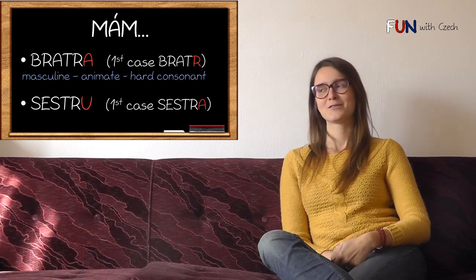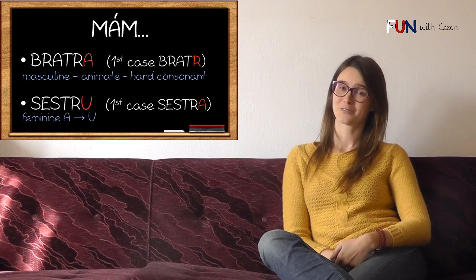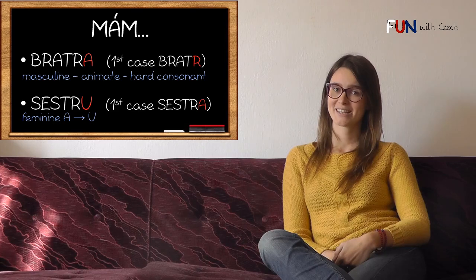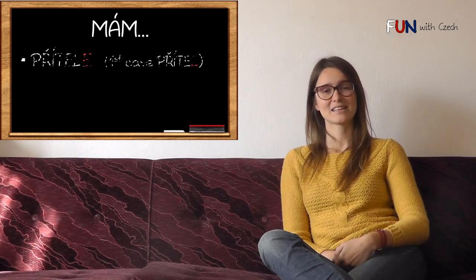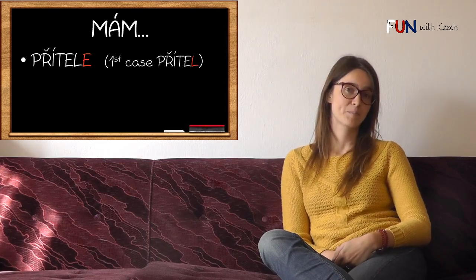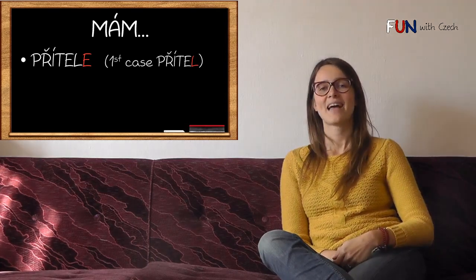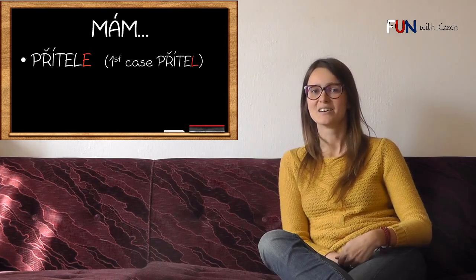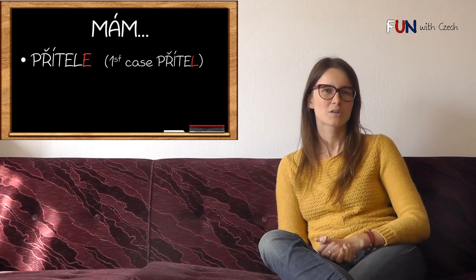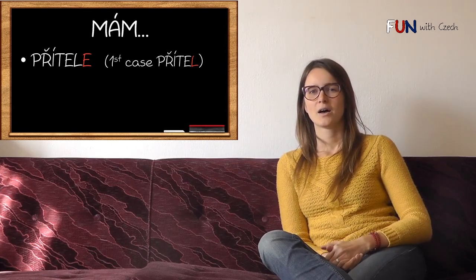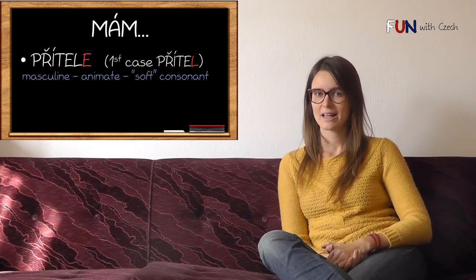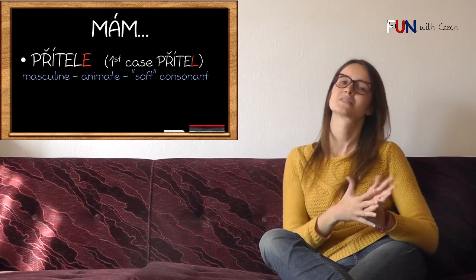What else can you have? You can have a boyfriend or girlfriend, for example. So boyfriend is přítel. As you can guess, it's again masculine animate, just as bratr, but the ending in this case is l, and l is among those ambiguous consonants, but usually in the case of the masculine animate words, it's gonna go with the soft ones.